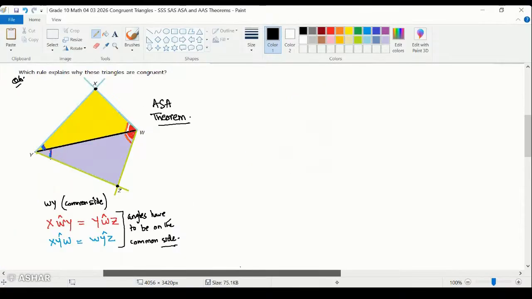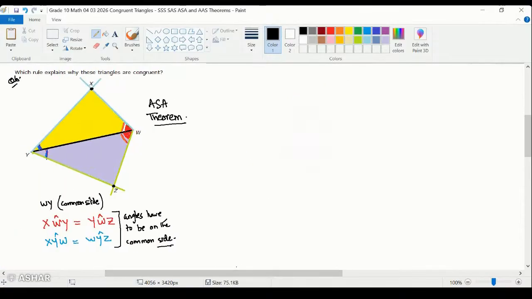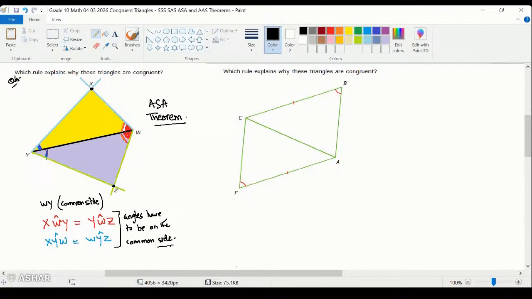Okay, question number 7 says, if this is the given question, question number 7, okay? In this question, what we can see is the length of this side is given as equal to the length of this side, right? So what I can do is I can mark the length of BC and AF to be equal.